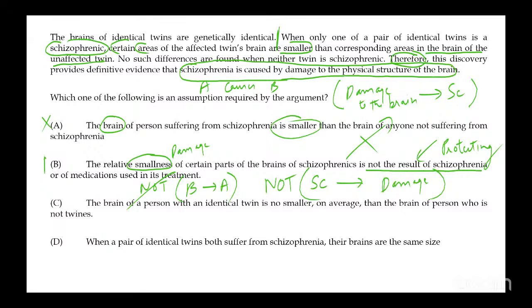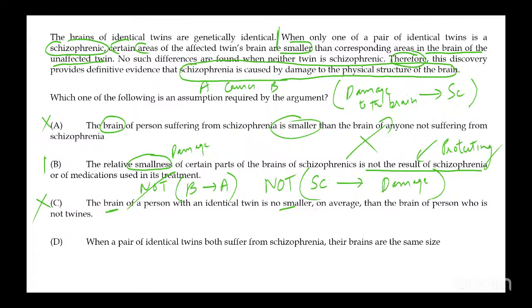That comparison is not made. The comparison made is that in somebody suffering from schizophrenia, certain areas are smaller than corresponding areas in a non-schizophrenic individual. Just that. Whether the brain of twins is smaller compared to those who are not twins is completely irrelevant, no impact.